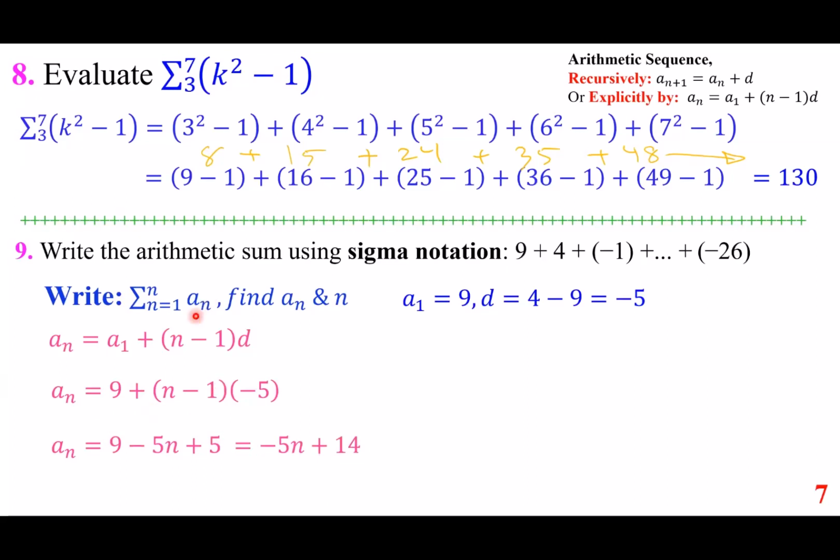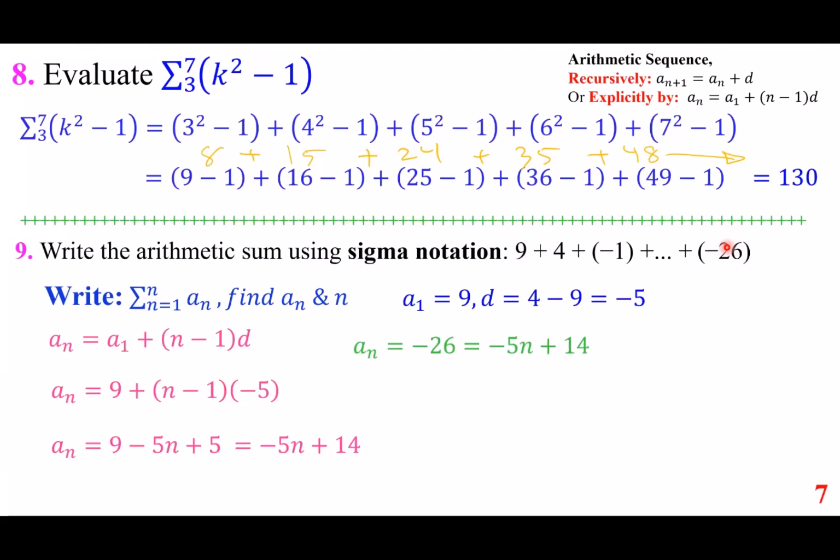Since we want to add this from the beginning all the way to the number -26, we need to know what the n value would be for -26. So if this is a sub n, we set it equal to -26 to find the missing n.